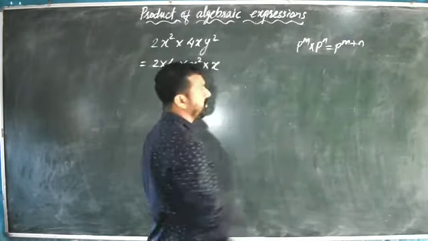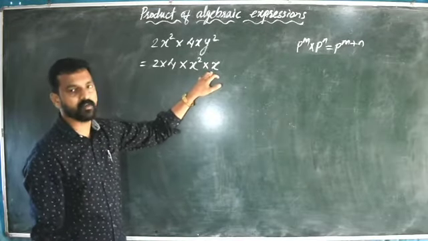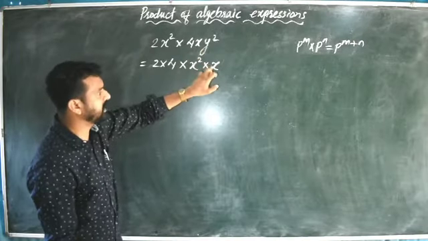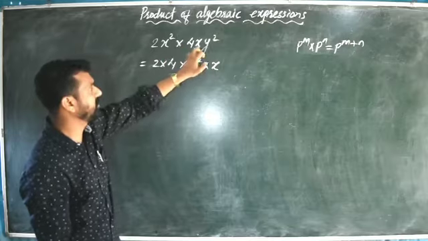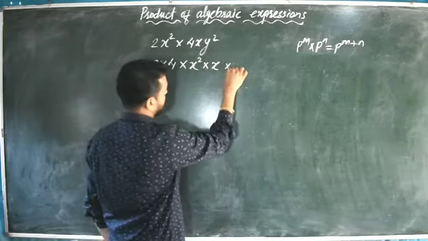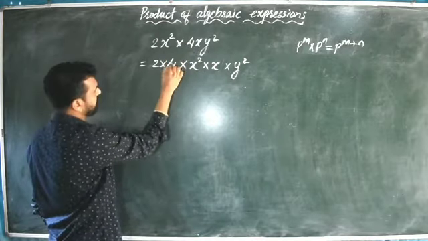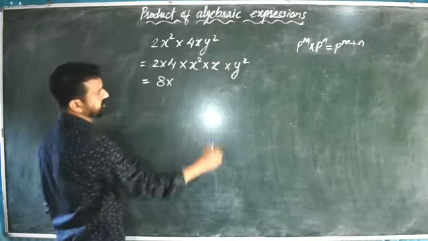Using the law of exponents, we will multiply the variables of the monomials. Only the same variables can be multiplied like that: x square into x, then y is not in the first, but y square is there, so we write that last. Now multiply the coefficients: 2 into 4, that is 8, into x raised to 2 into x.